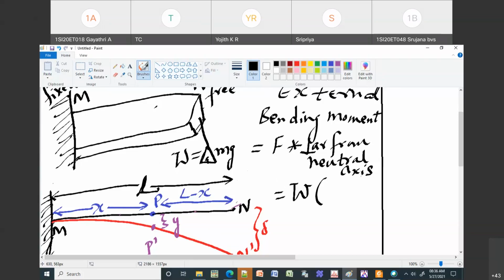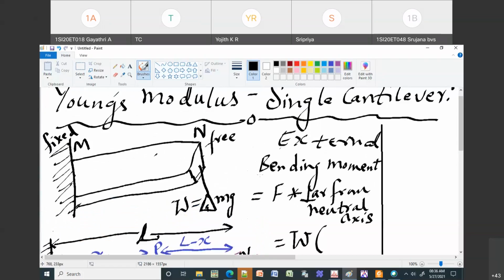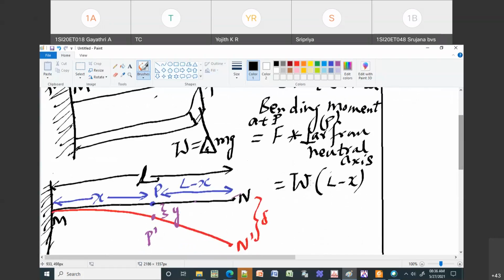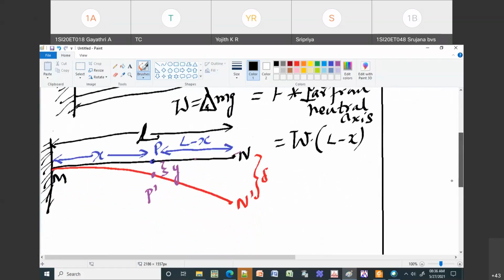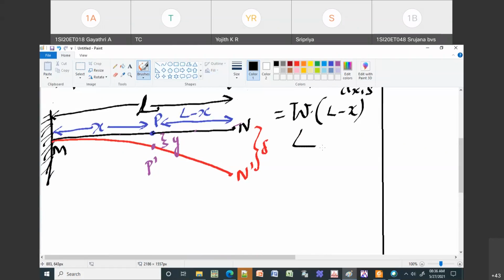P is at a distance of L minus x. So the external bending moment at P is force into the perpendicular distance of P from the neutral axis, that is W into L minus x, because MN is the neutral axis. I will call this equation number 1.